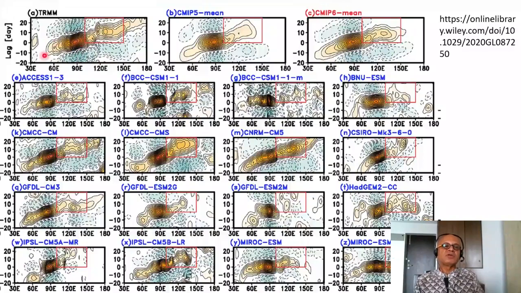So here is what TRIM shows in terms of lags again. You can see that's where the maritime continent is, and CMIP5 models were doing it this way with the weakening of the MJOs over the maritime continent, whereas the CMIP6 mean seems to have improved, and individual models have different levels of variance and variability over the maritime continent, but this is kind of the mean.